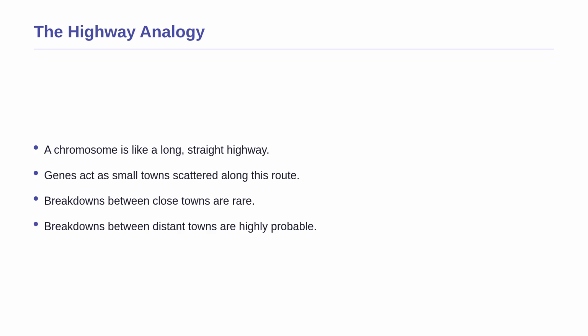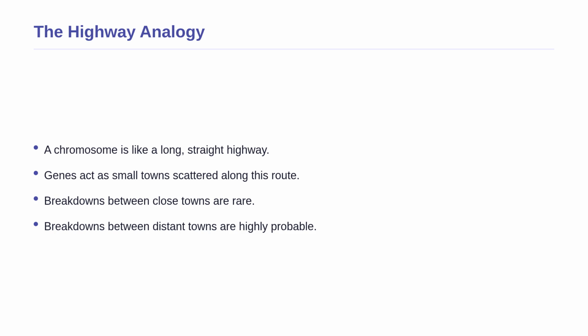To understand how we map these genetic addresses, let us start with a simple analogy. Imagine you are driving down a long, straight highway that has several small towns scattered along the way. If two towns are very close together, the chances of your car breaking down exactly between them is quite small.